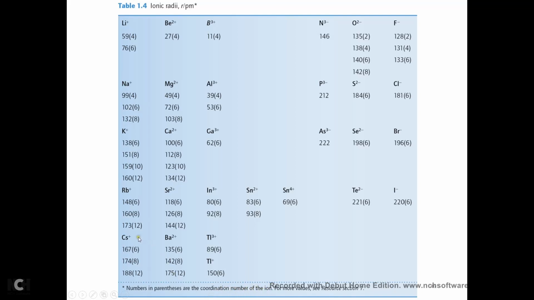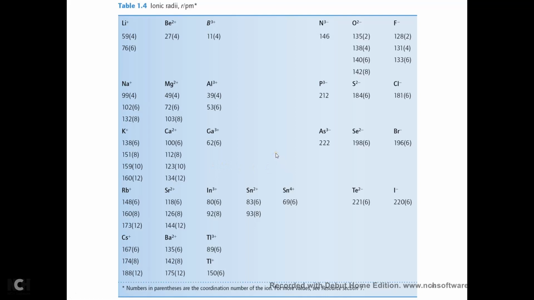If you put those ions in the middle of ligands, you can put this cesium plus in the middle of 2 ligands, 3 ligands, 4 ligands, 6 ligands, 8 ligands, 12 ligands. You get different numbers, but overall the trend is the same. First, the ionic radius depends mostly on the charges.